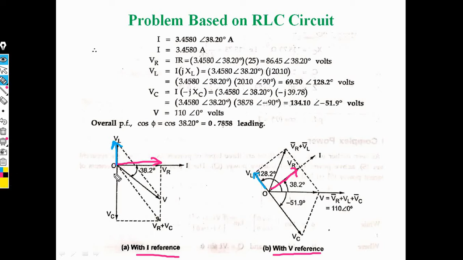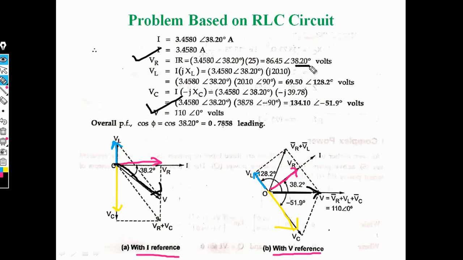Then voltage across capacitor VC is here. Then supply voltage V is equal to 110 volt is here. Okay, now we have considered voltage drop across VR.